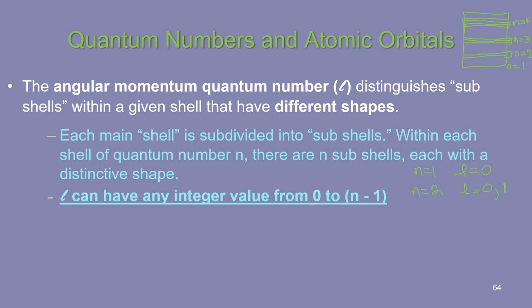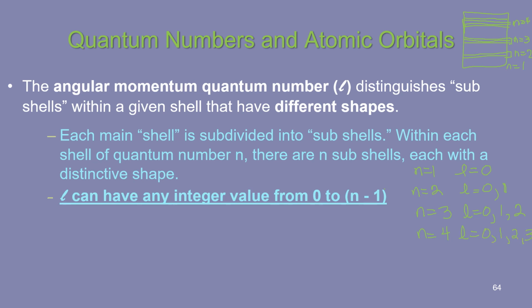All right, so if n equals 3, that means L can equal 0 or 1, because 3 minus 1 is 2, and it could be anything between 0 and 2. So it can be 0, 1, and 2, but they can only be integers. If n equals 4, then L can equal 0, 1, 2, and 3.